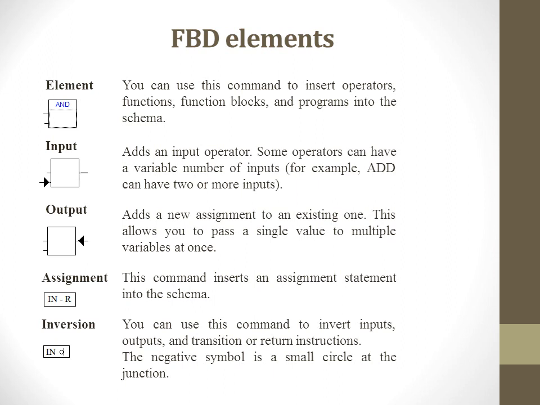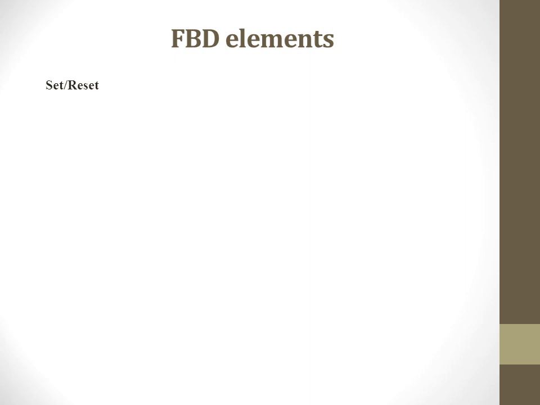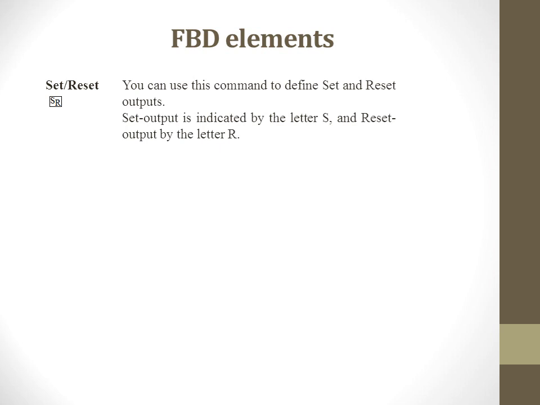The negation symbol is a small circle at the junction. The next element is the set and reset operator. You can use this command to define set or reset outputs. A set output is indicated by the letter S and a reset output by the letter R.